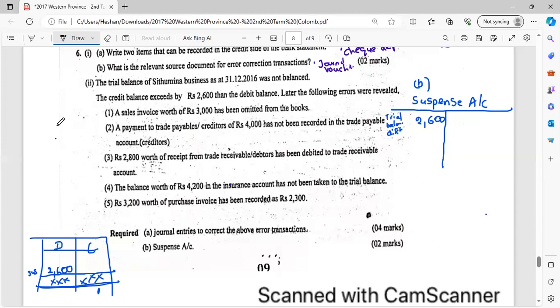Since the sales journal performs only the primary book function, we can't record it there because it's already closed. What we need to do is credit the sales account and debit the relevant account, the debtors account. So there is no impact on the trial balance or suspense account.